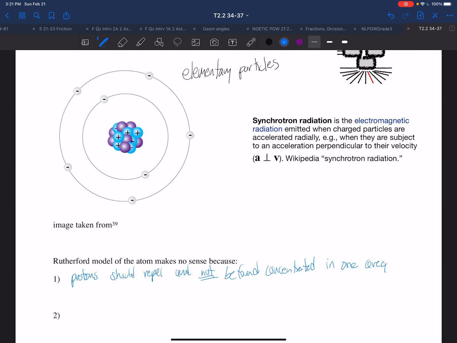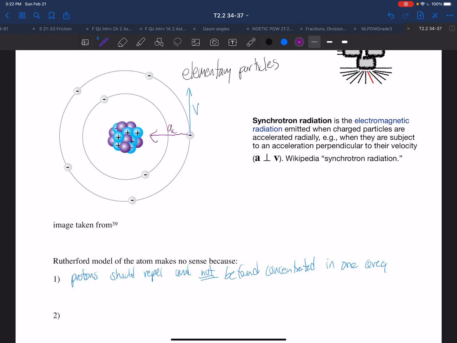The second one had to do with something called synchrotron radiation. Now we already know that an electron traveling in an orbit has a velocity in this direction and has a centripetal acceleration if we're using a planetary model.